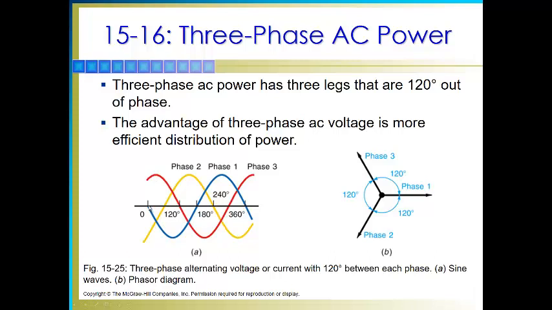This one goes to zero here, this one here, and this one here. The maximum value is here for that one, here for that one, and here for this one. So at different times. When you have a connection of three phases, three conductors and three different coils, these three lines are out of phase by 120 degrees, and that's what I mean by three-phase AC power.